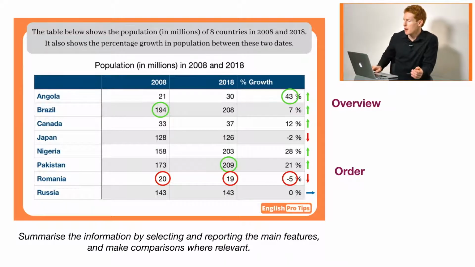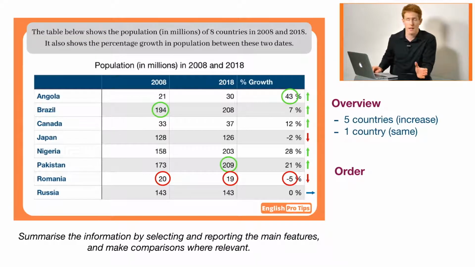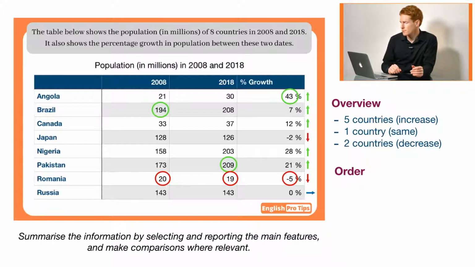So let's think about what we're going to include in our overview. So remember, our overview is a general statement of all of the categories. In this case, all of the countries. So I would write 5 countries increased, 1 country stayed the same, and 2 countries decreased. So now I've got a good idea of what I'm going to write in my overview.